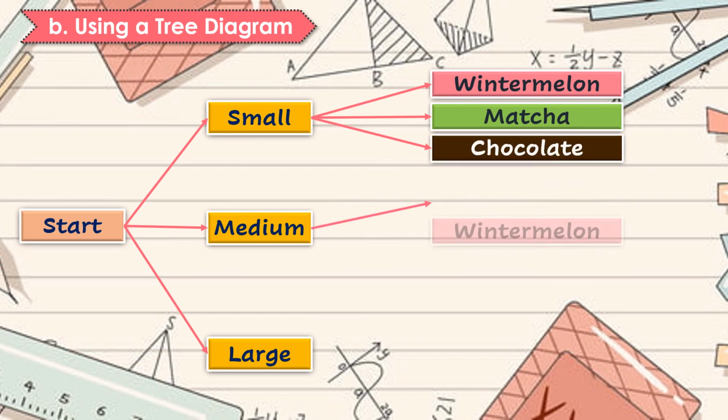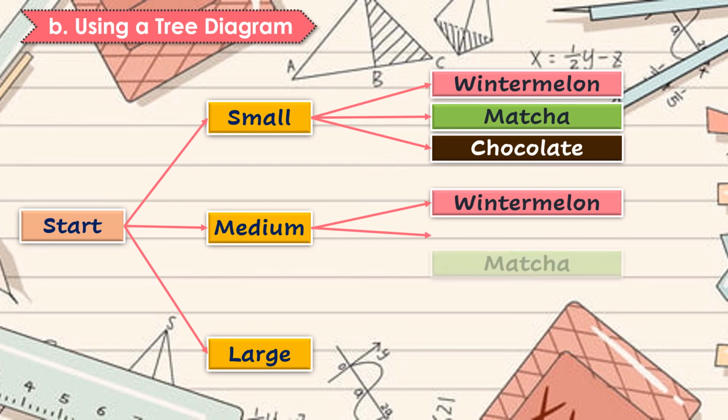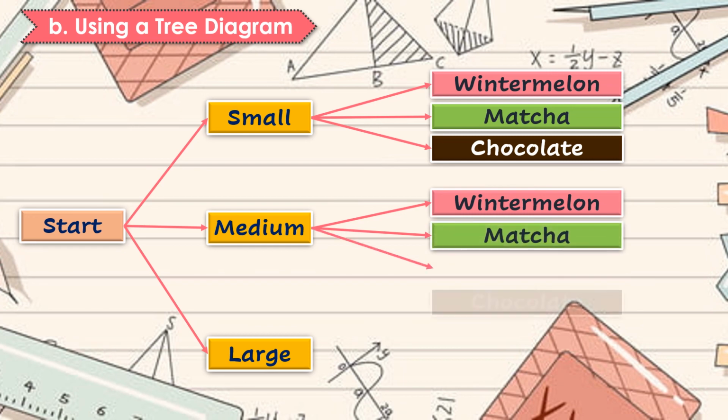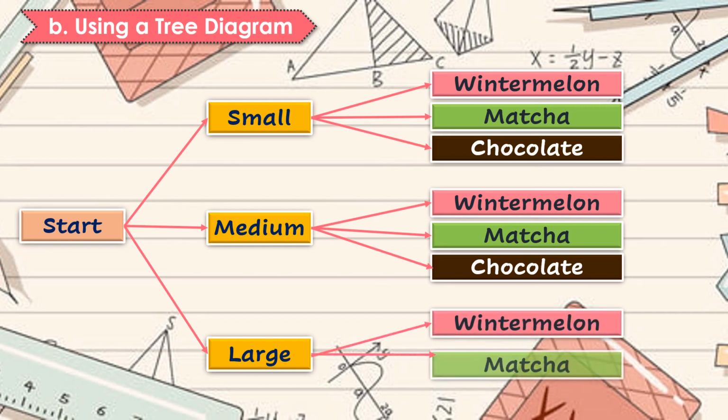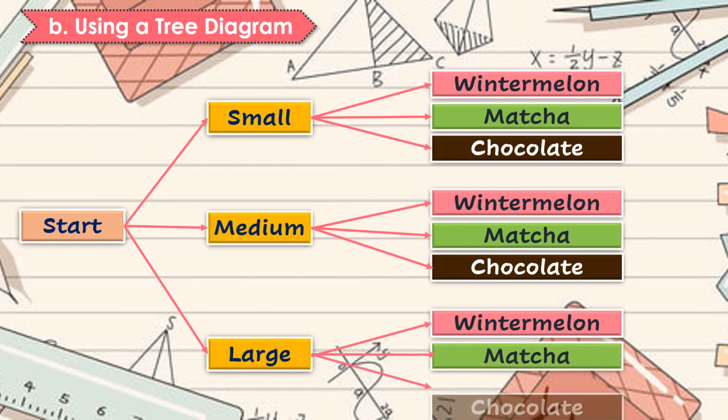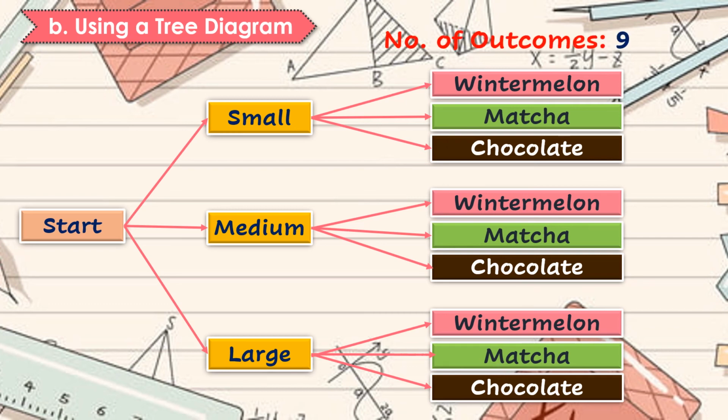Same with medium size. Same again with large size of cup. Counting this, diba? 1, 2, 3, 4, 5, 6, 7, 8, 9. Ang total number of outcomes natin ay 9.